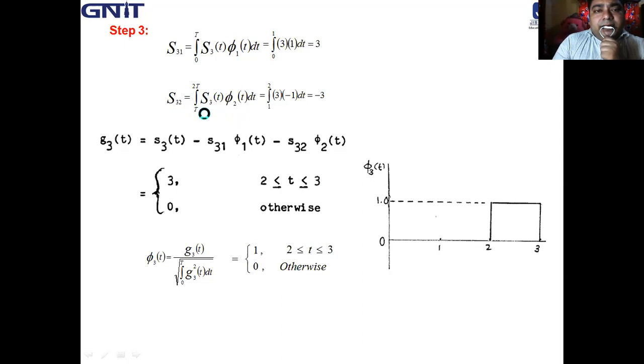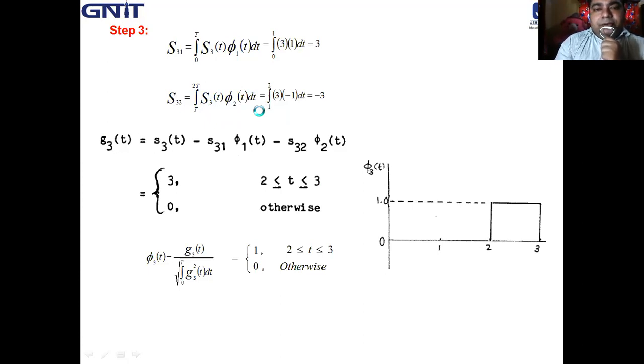And similarly S32 is the integration of S3(t) phi 2(t) dt. Now phi 2(t) belongs to 1 to 2 actually.